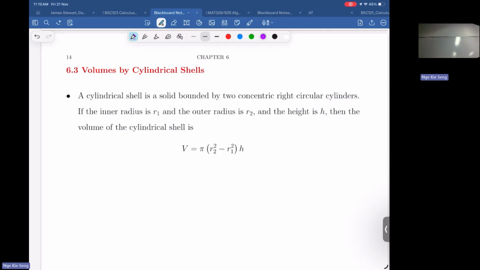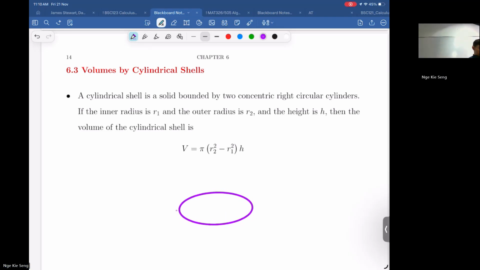Okay, next part is a bit trickier. Now instead of this, we will compute it using a cylindrical shell. So what is a cylindrical shell first? It's a solid bounded by two concentric right circular cylinders. How should you imagine this?